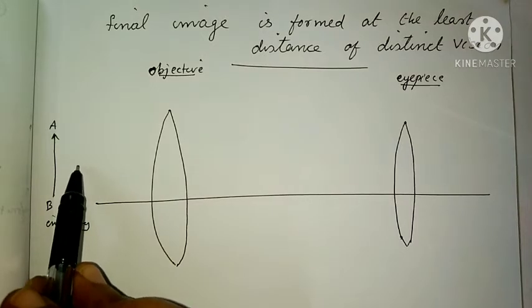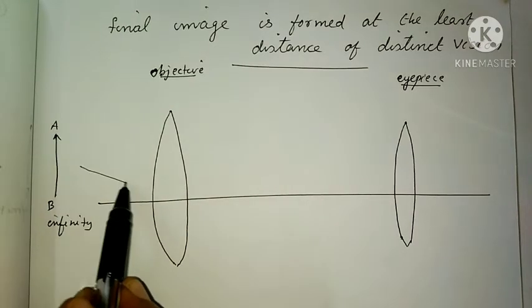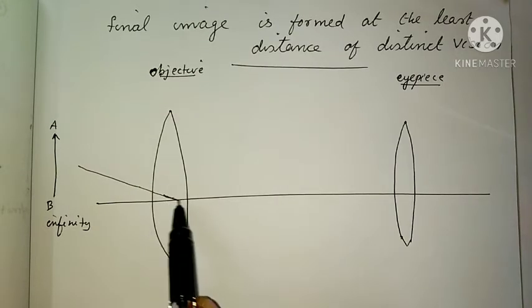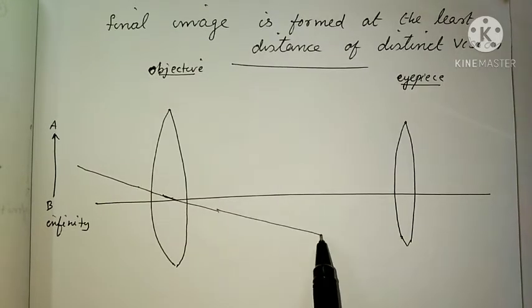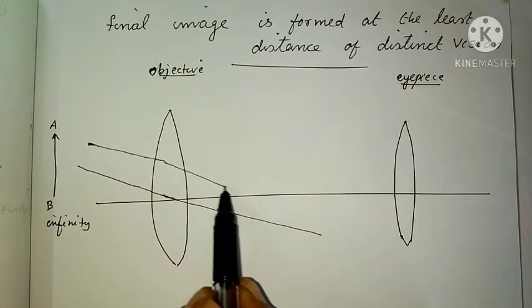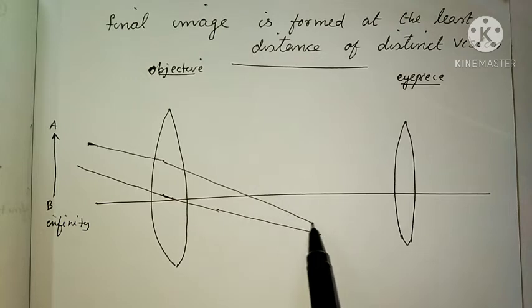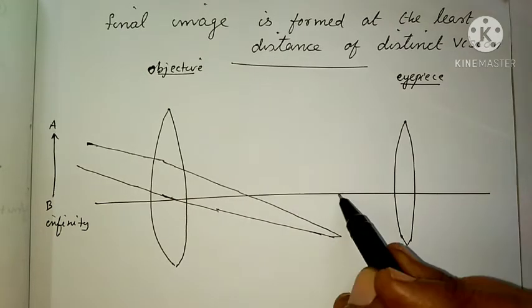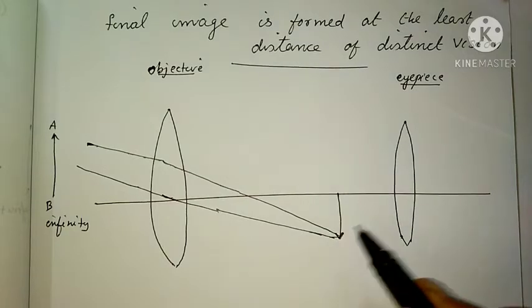One ray passes through the optic center directly, and another ray after refraction passes, and these two rays meet at a point where the image is formed.